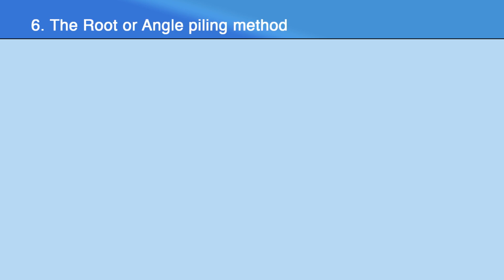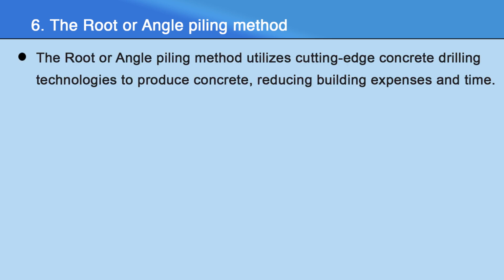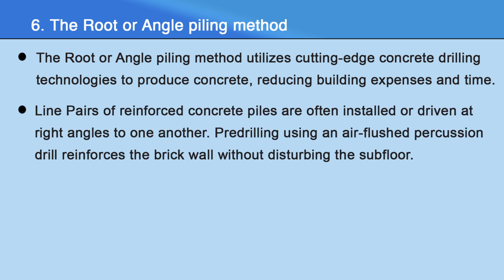Another type of pile underpinning, that is the root or angle piling method. The root or angle piling method utilizes cutting-edge concrete drilling technology to produce concrete piles, reducing building expense and time. Aligned pairs of reinforced concrete piles are often installed, driven at a right angle to one another.